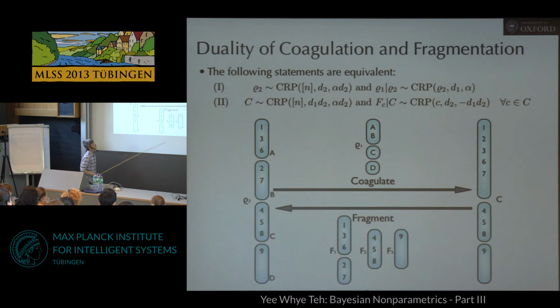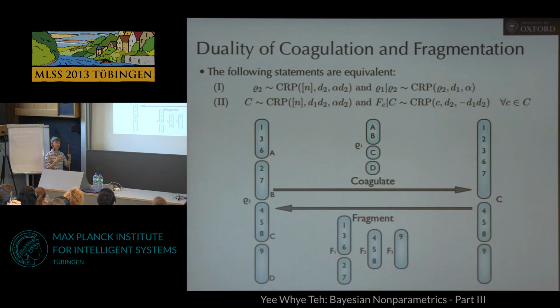This process, where we draw from a CRP and then from another CRP and end up with a coagulated partition, is equivalent to the following reverse process, where we first draw from a CRP and then draw each of the individual fragmenting partitions from independent CRPs conditioned on the first CRP. So those two processes are actually equivalent.